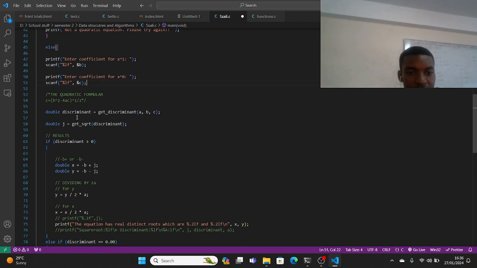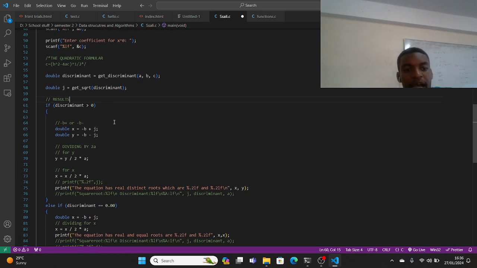From there, I'll use my get discriminant function to get the discriminant for the quadratic equation, which is b squared minus 4ac. Then I get the square root of the discriminant, where I called my get square root function, and store the value in j.